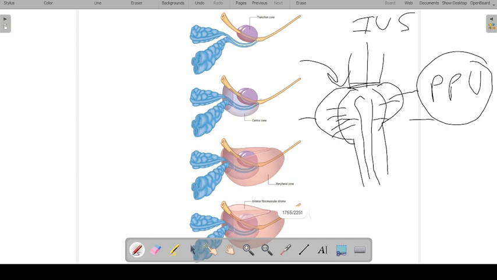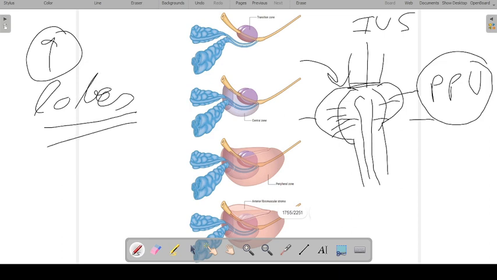As age progresses, it grows in size and lobes appear on either side of the urethra. These lobes compress and distort the intramural plus prostatic urethra.